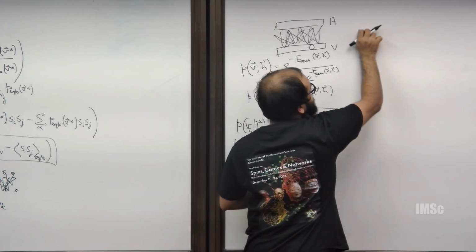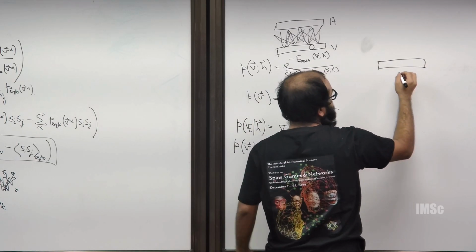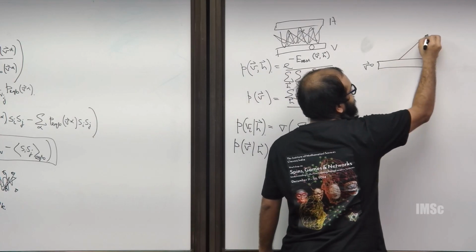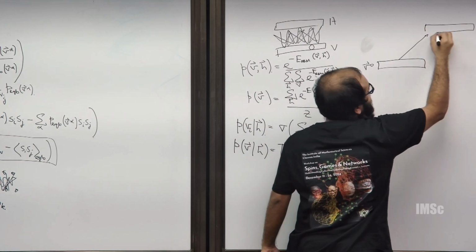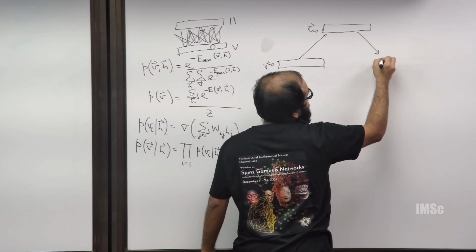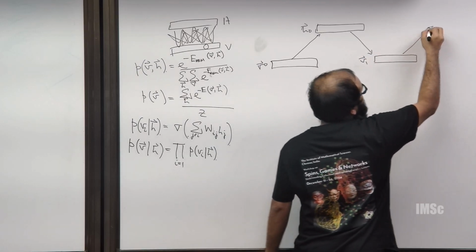So you start with a particular visible vector, the environment visible vector. You can call it V0. It activates the hidden layer, we can call it H0. That activates the next one, call it V1, and so on.